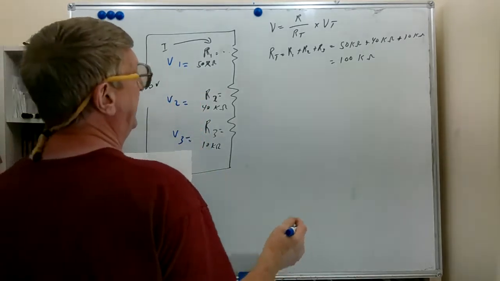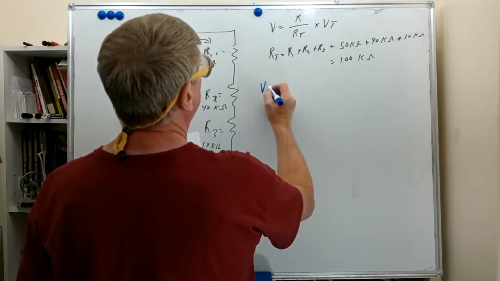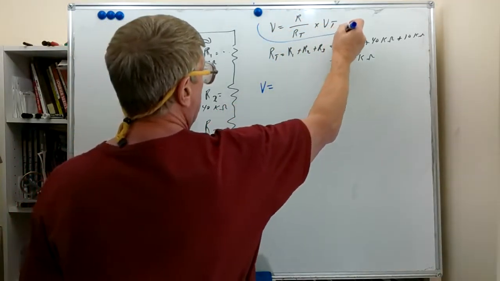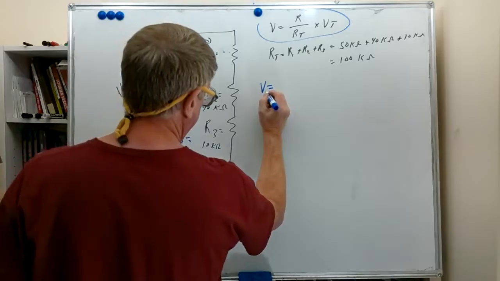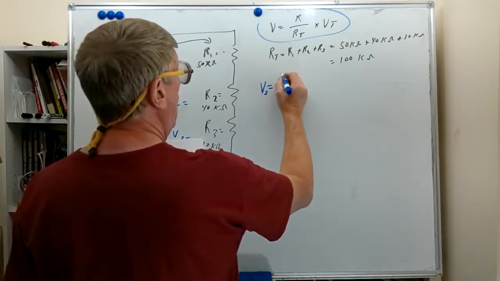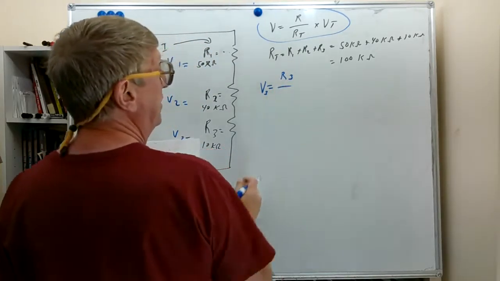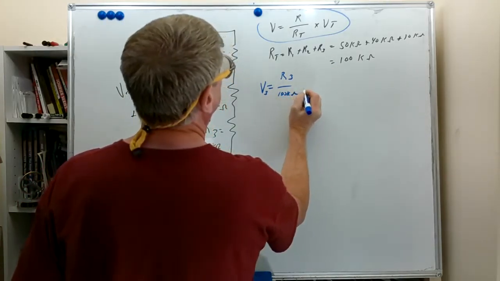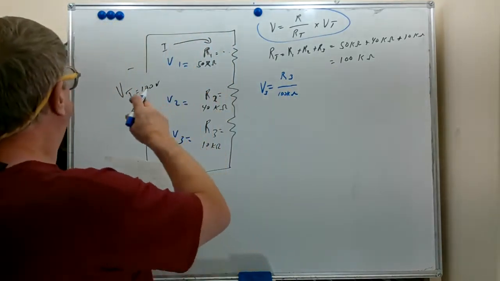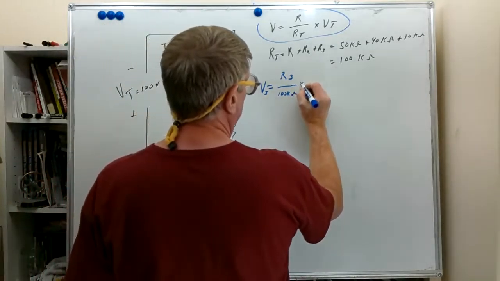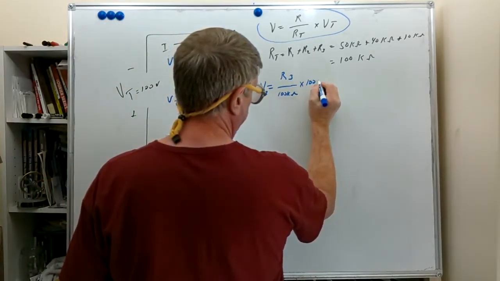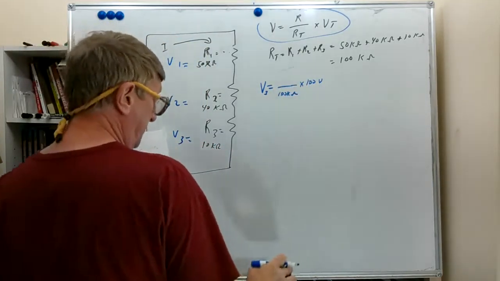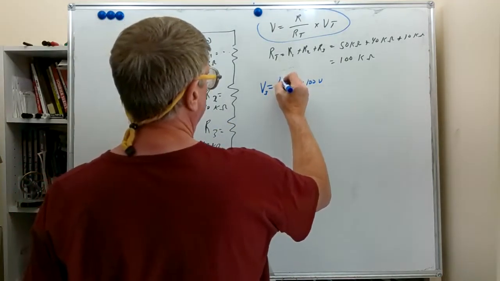Let's start with V3. What is R3? We're going to use this formula right here. Voltage 3 equals R3 divided by RT, which is 100k ohms, times VT, which is 100 volts. R3 is 10k ohms.